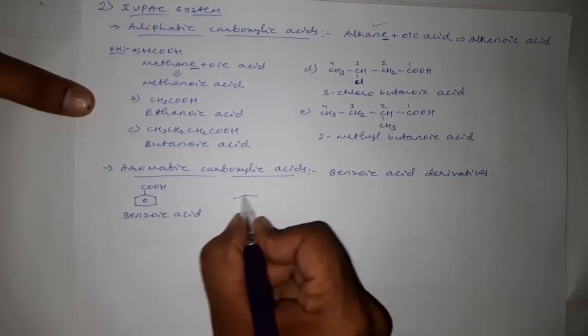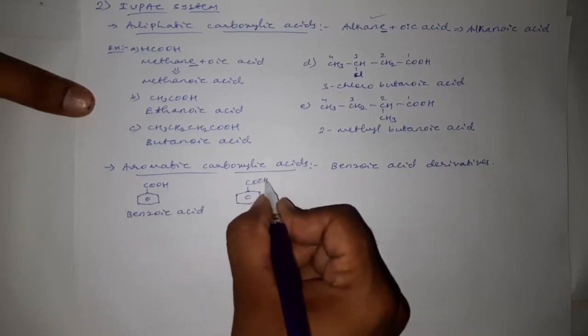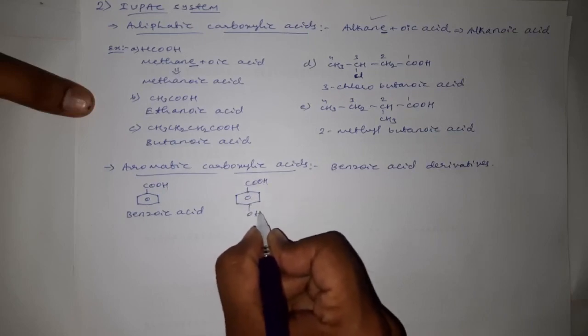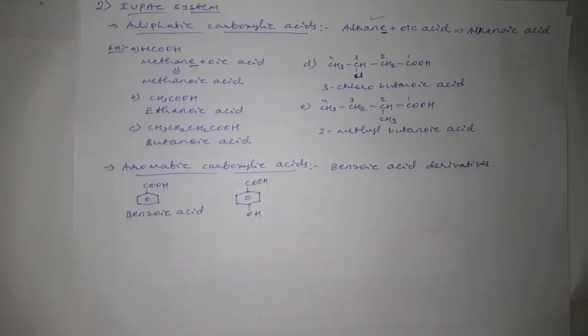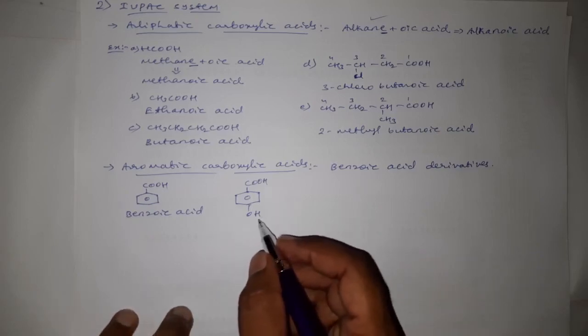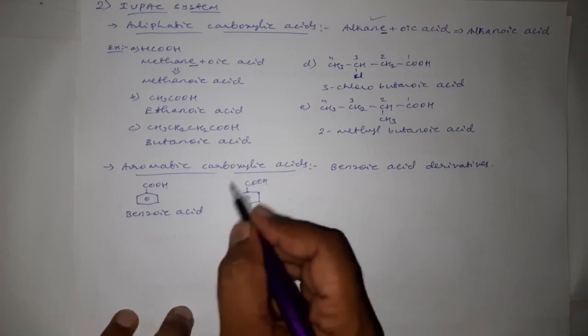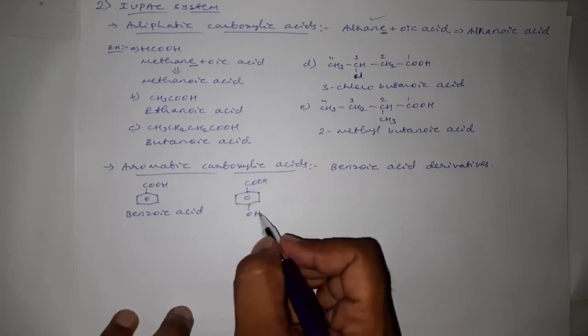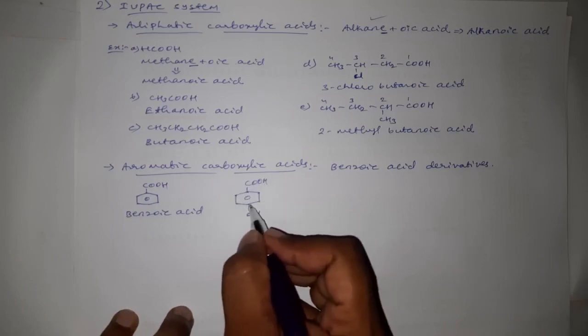Take for example COOH with OH. How do we write the IUPAC name for this one? Here the parent is benzoic acid, and the substituent is on the 4th carbon.